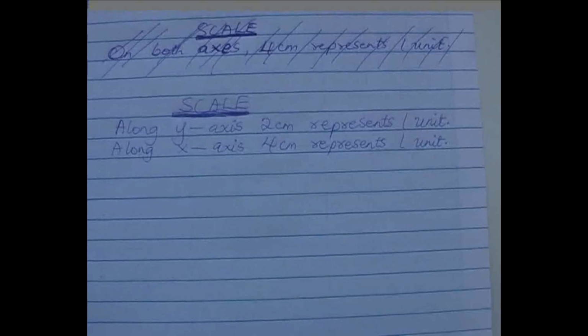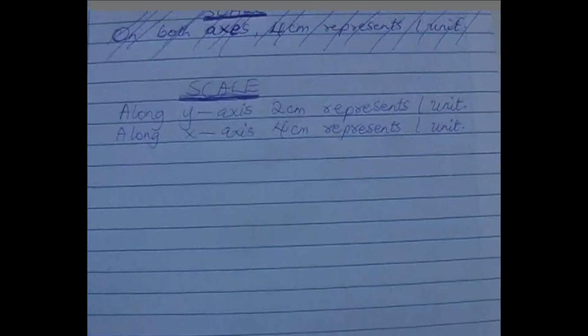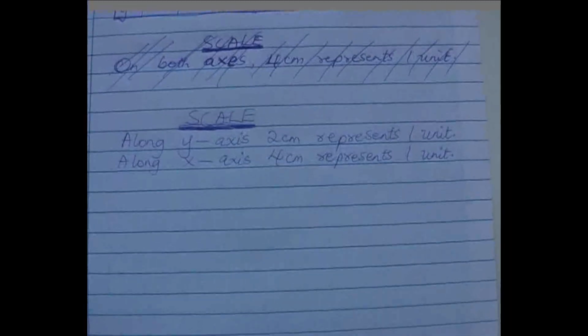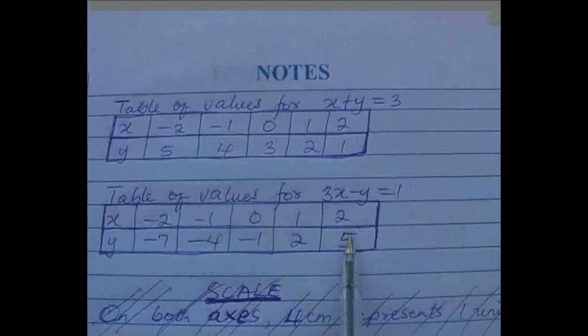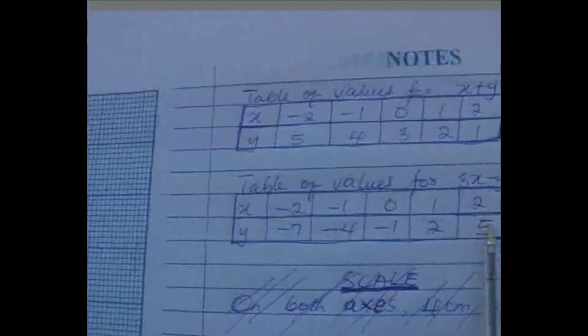I want to explain to you why 2 cm represents 1 unit will work along y-axis. As you have added, 7 and 5 will give you 12. When I use the ruler to explain to you, you discover that from here to here was seen to be 2 cm, 2 cm, 2 cm, and it goes down to the last.